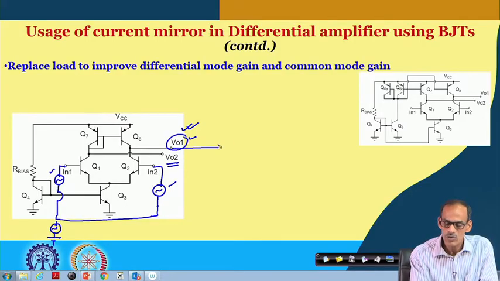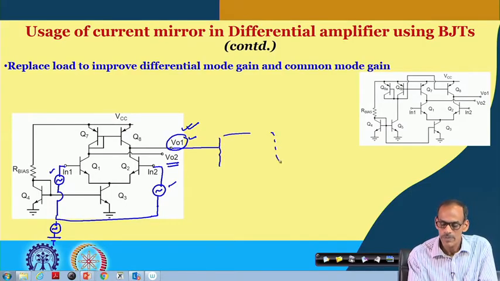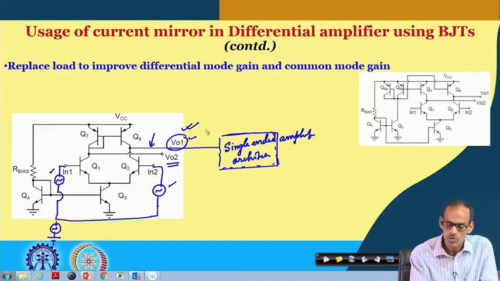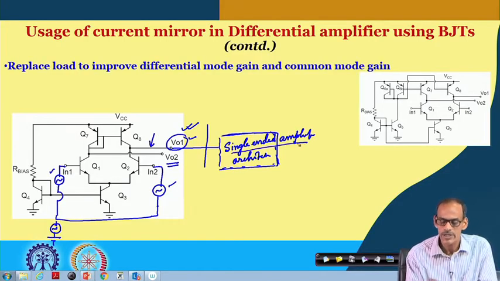Whatever circuit you connect here, if the common mode part is nicely rejected by this circuit at this point, then the rest of the circuit we can use as a single ended amplifier architecture. So, from this point onwards it will be a single ended amplifier.